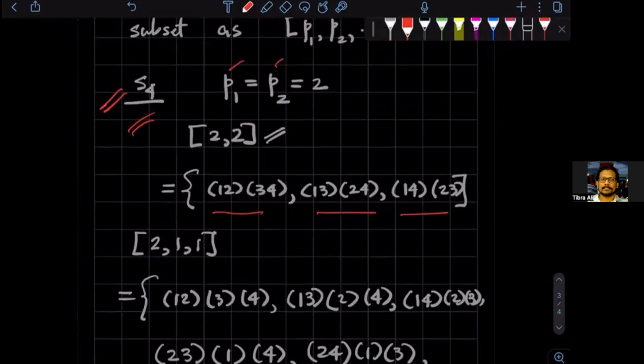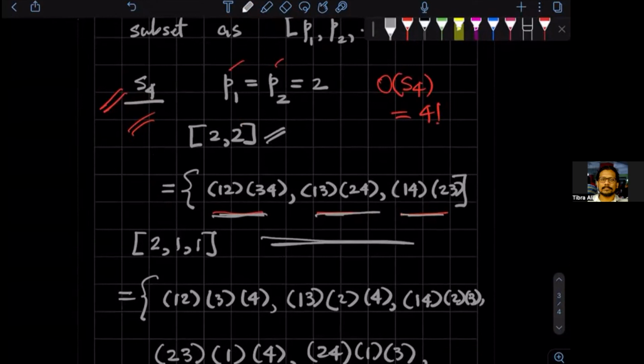Because S4 has, what is the order of S4? The order of S4 is 4 factorial, right? So it's a large group, but this set has only 3 elements, and of course, this is not a group because it doesn't have an identity element, right? Yes, sir. So it's a subset.